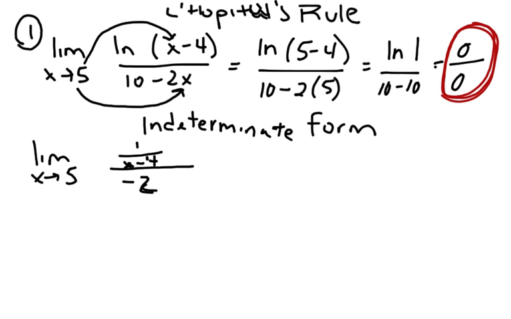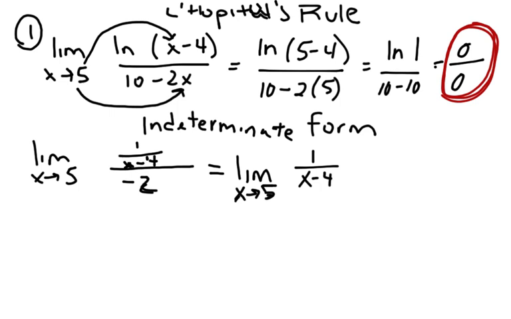Okay, so when I do this limit as x approaches 5, my little stylus is not working so well. It would be 1 over x minus 4.